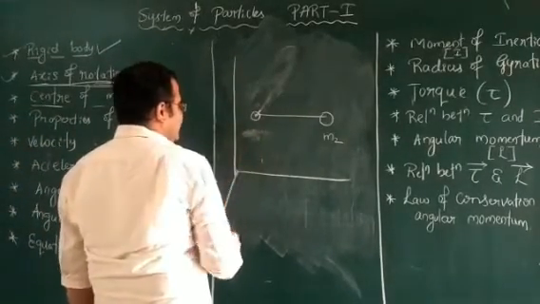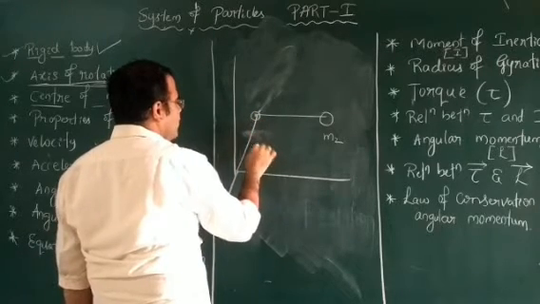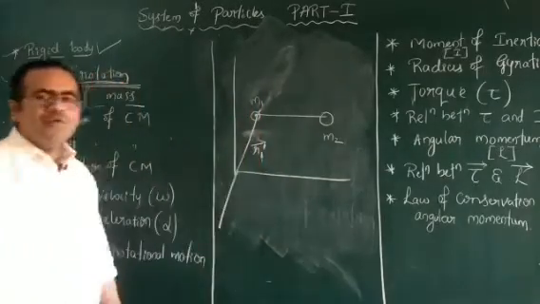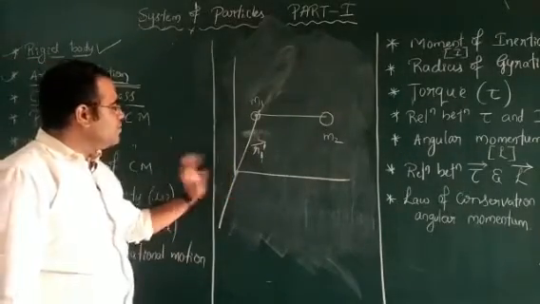Now from the origin, the first particle is at a distance of vector r1. So this is the first particle having a position vector given by vector r1 from the origin.